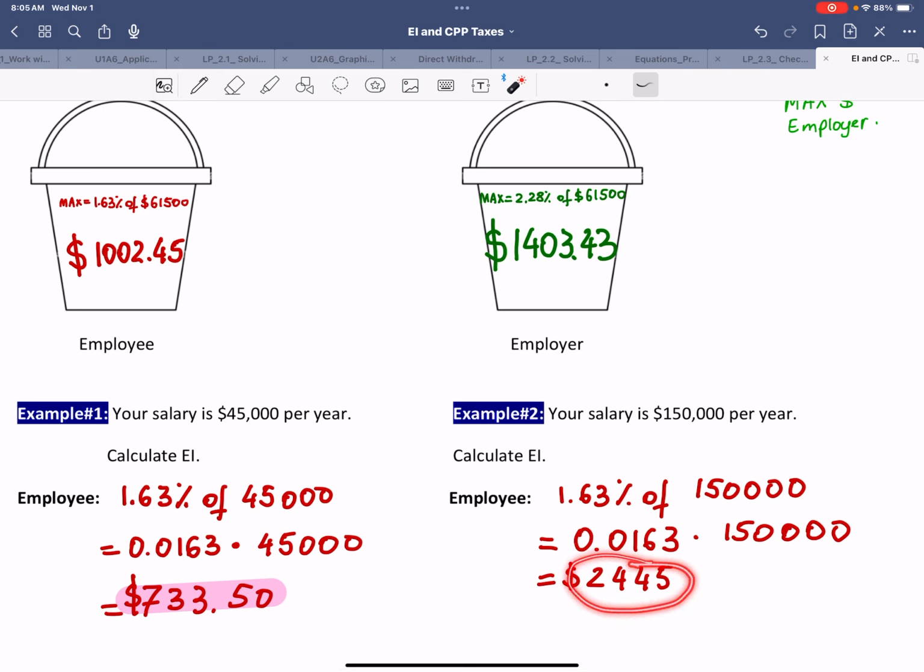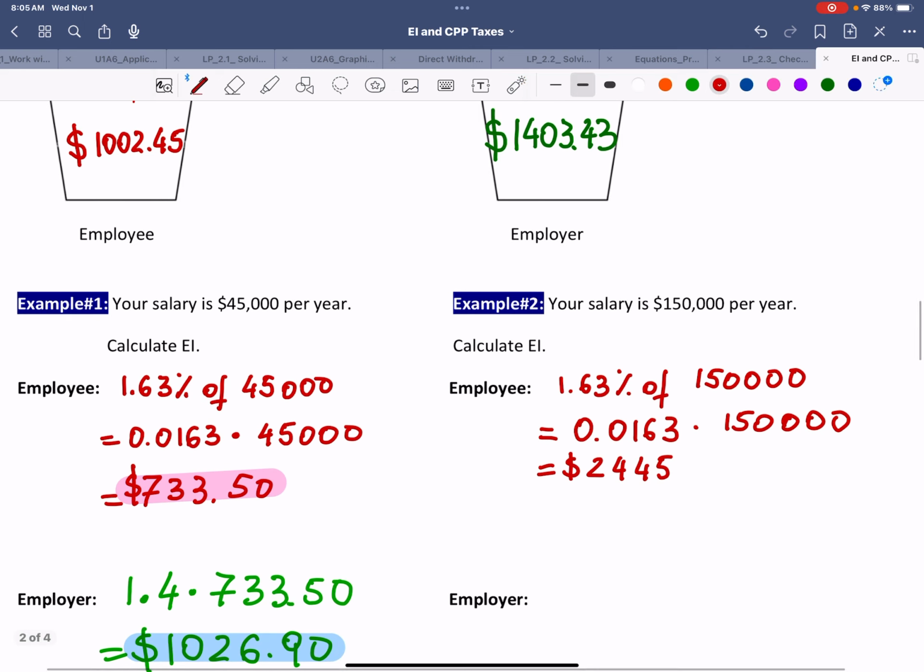And when I look at the maximum amount that an employee can pay, I can see this is a lot greater than the maximum. So what that means is that in this case, the employee will pay just the maximum.